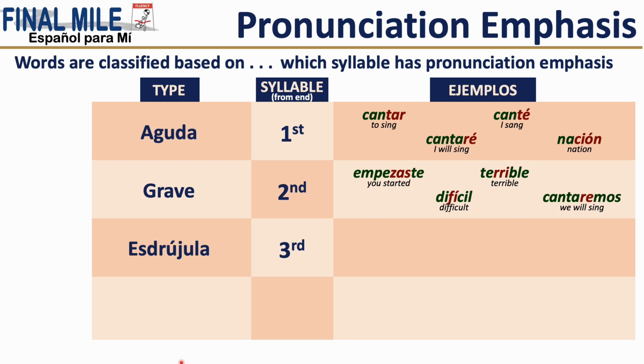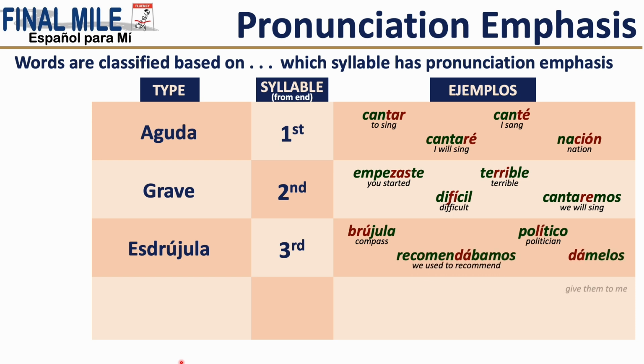So here we go. Let's look at examples. Notice every one of them has a graphic accent on the 3rd syllable, 3rd from the right. Again, try to pronounce it and then verify with my pronunciation. Brújula. Político. Dámelos.